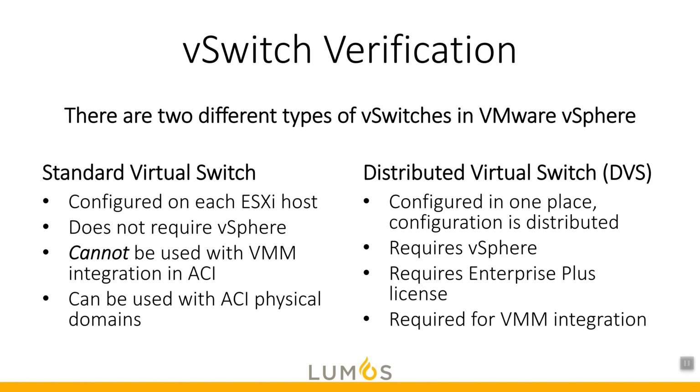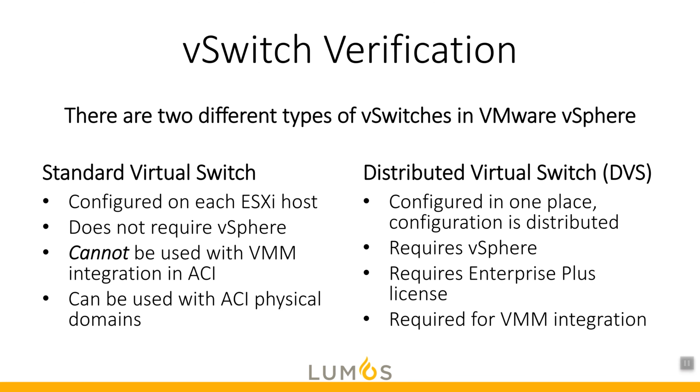So now we need to move to the vSwitch. This is where people in the networking world get a little confused or a little panicky because they're not familiar with this environment. So just to lay it out, there are 2 distinct switches in the VMware environment that we typically see with ACI. NSX is something completely different, and that's a different training regime.